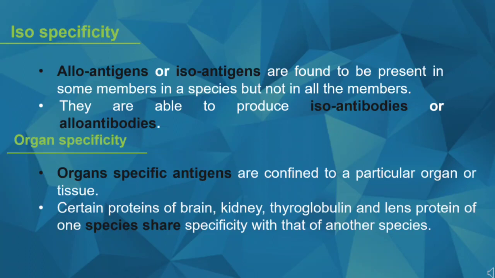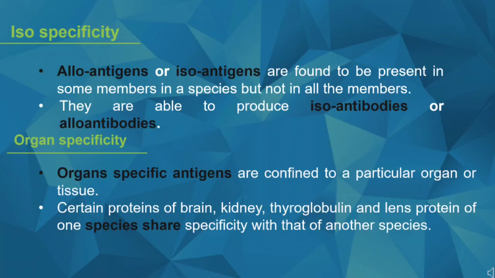And the next is isospecificity. Alloantigens or isoantigens are present in some members of a species, but not in all. They are able to produce isoantibodies or alloantibodies. For example, human blood is divided into various blood groups on the basis of human erythrocyte antigens and Rh antigen, which are present on the surface of the RBC.